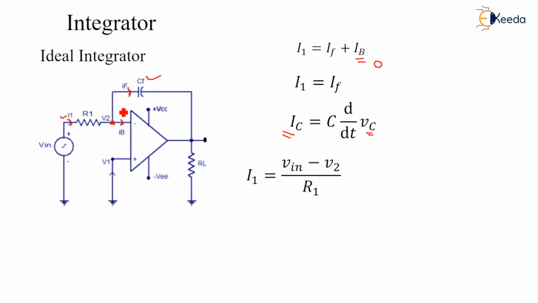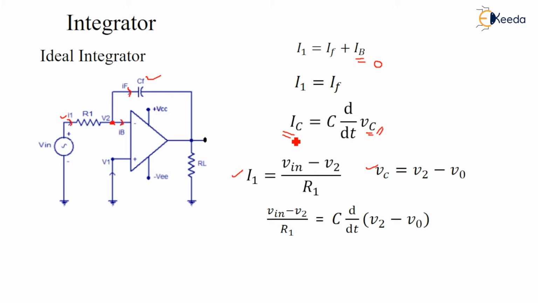So I can substitute I1 is equal to Vin minus V2 divided by R1, and Vc is nothing but the voltage drop across the capacitor, which is equal to V2 minus V0. Now I'll substitute these two values into the above equation.